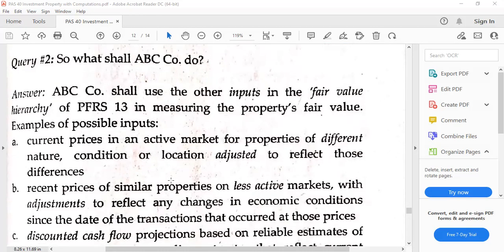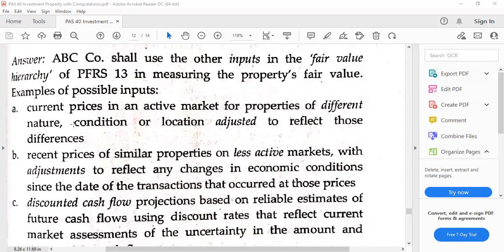So in that case, there is a hierarchy under PFRS 13. The title of this standard is fair value measurement, wherein we can still determine the fair values out of these 3 items in decreasing priorities in the hierarchy. So first, the possible inputs will be current prices in an active market for properties of different nature, condition, or location, adjusted to reflect those differences.